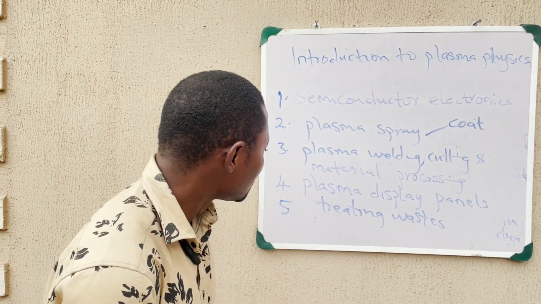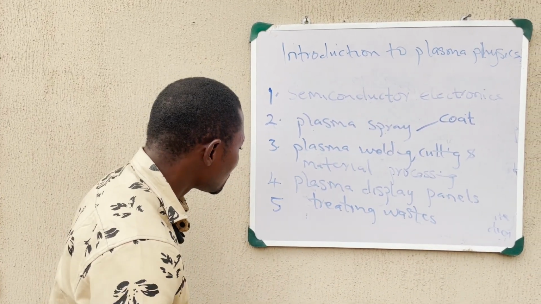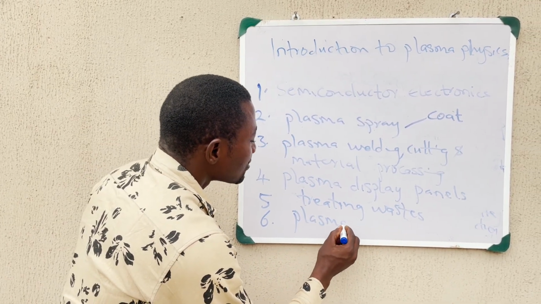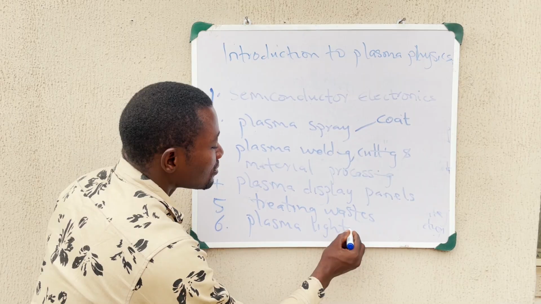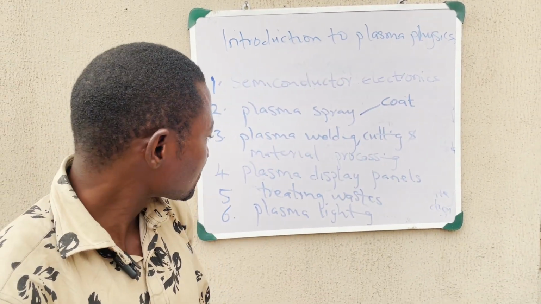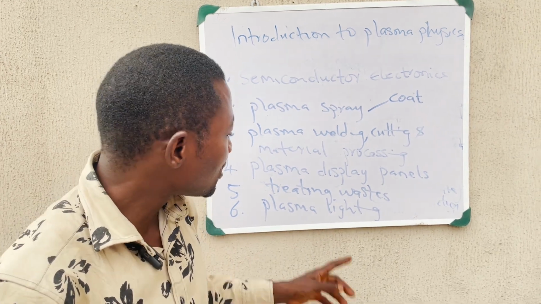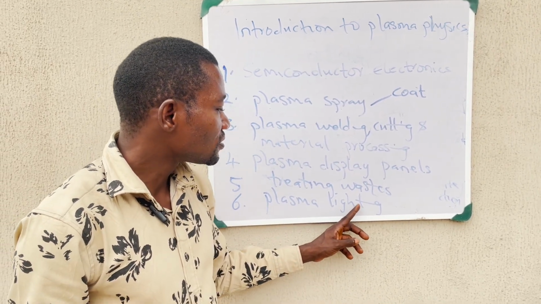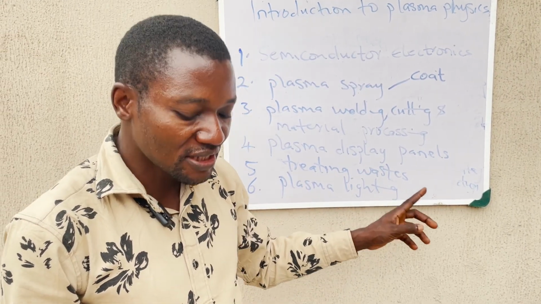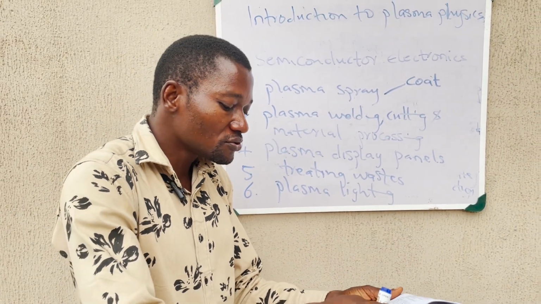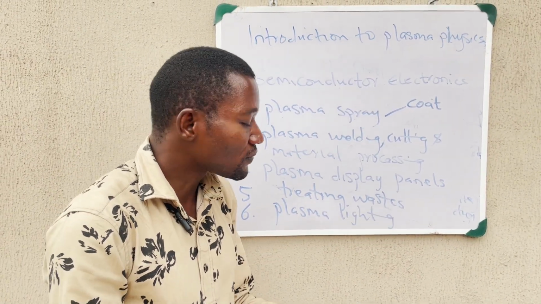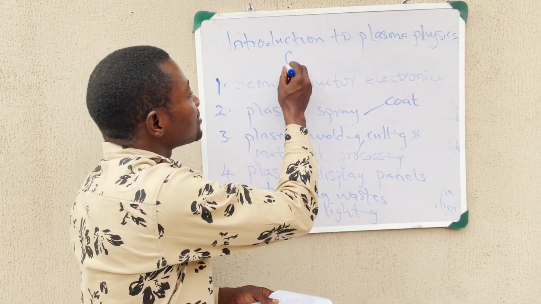Also, plasma lighting is another application. And here we talk about the use of the fluorescent lamp. Plasma lighting is the other application of plasma. Before now, we made use of different lighting systems, talk about the use of lamps, the kerosene lamp, but with the introduction of plasma, we have fluorescent lamps that give us better light.